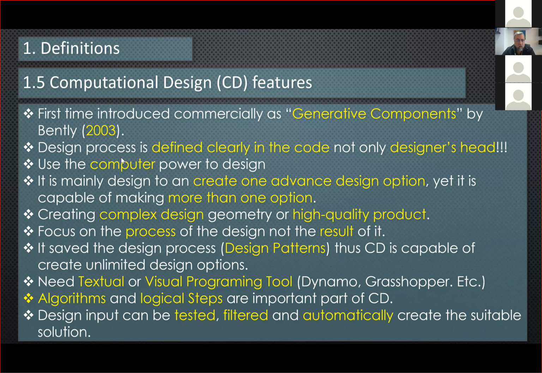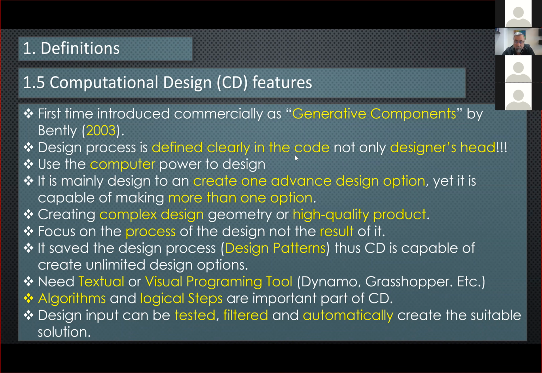So the design process is defined clearly in a code, not in the designer's head. Not anymore. The ideas behind the design, the black box theory, should be changed into a glass box way of thinking, and it should be encoded in an algorithm. So the creativity will not only happen in your head, my dear friend.